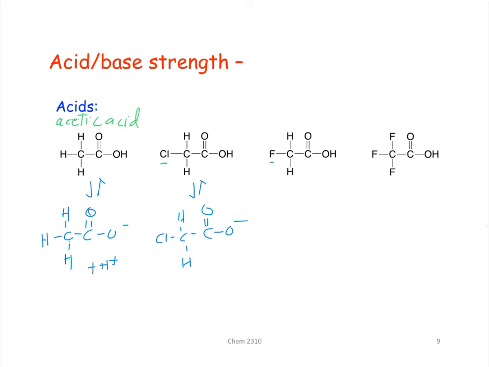The next one, notice it's different because it has a fluorine on there. Let's draw its conjugate base. O minus plus H plus. And look at this one, trifluoroacetic acid. Let's draw this one.